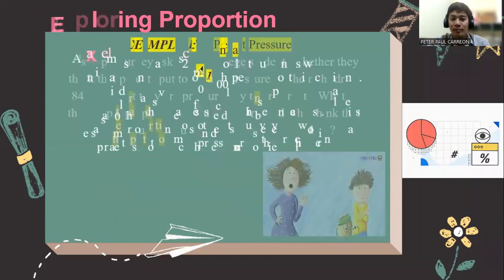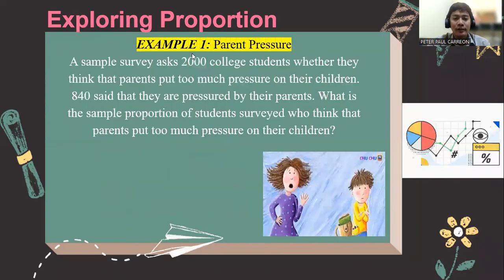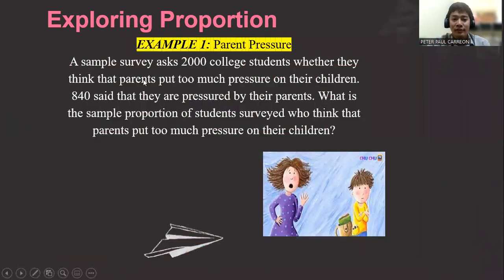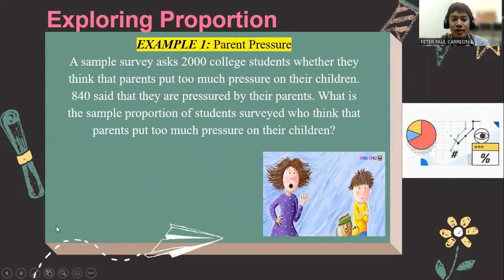Let us explore more about proportion. Given example 1, which talks about parent pressure. A sample survey asked 2,000 college students whether they think that parents put too much pressure on their children. 840 said that they are pressured by their parents. What is the sample proportion of students surveyed who think that parents put too much pressure on their children? To solve for that, we have p hat, which represents the proportion of the students who feel pressured by their parents.